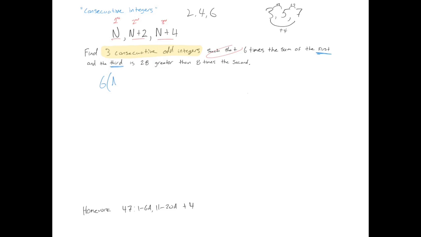So the first one is n, plus the third one, which is n plus 4, is 28 greater, so I'm going to say plus 28, then 8 times the second, and the second one is n plus 2. Pause it if you need to, think about what I just wrote, should make sense. Now we just need to go about solving this.